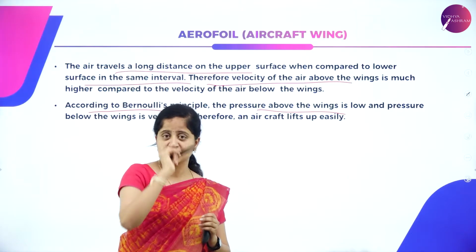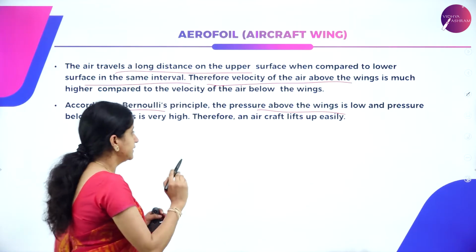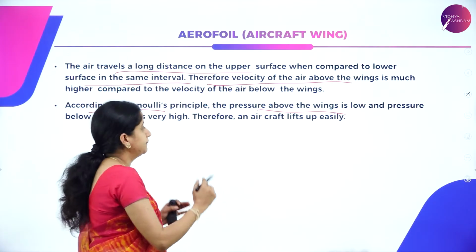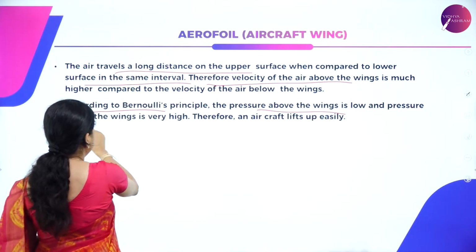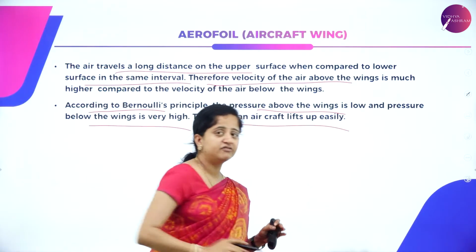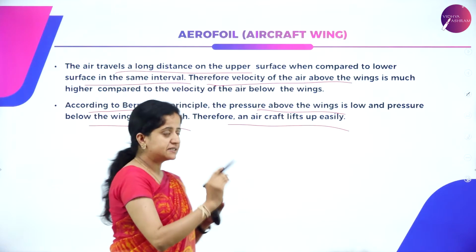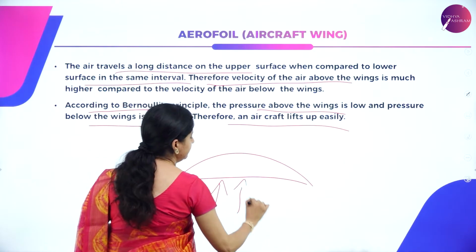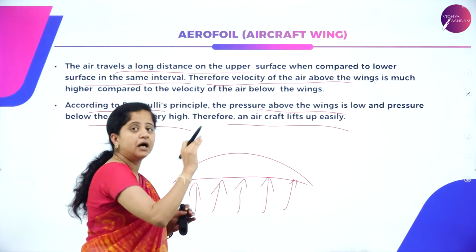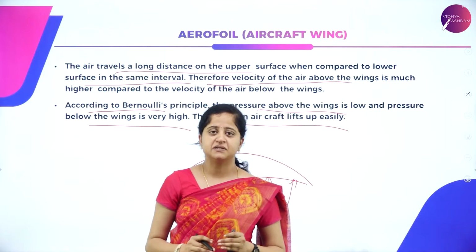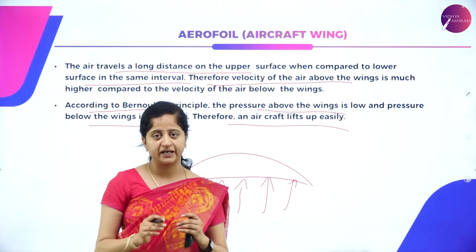Since the velocity of air moving at the lower surface is less, the pressure is very high. So below the wing, the pressure is very high and therefore the aircraft lifts up easily. It helps in lifting the aircraft to a higher position. So this is the application of Bernoulli's principle in designing the wings of aircraft.